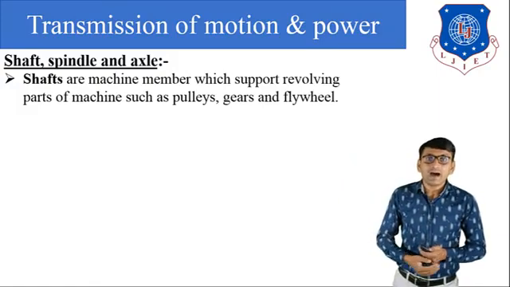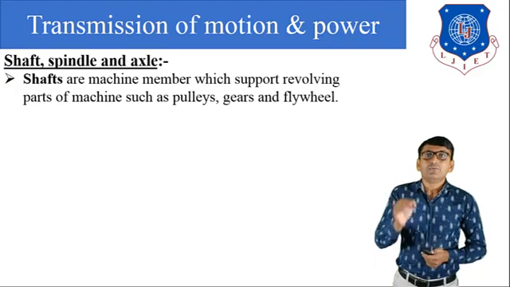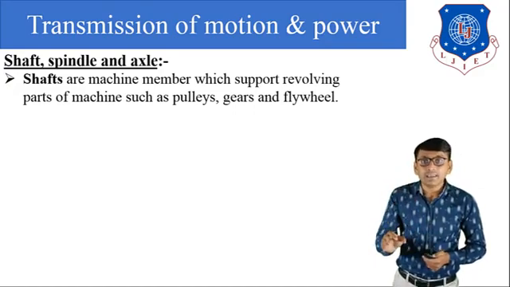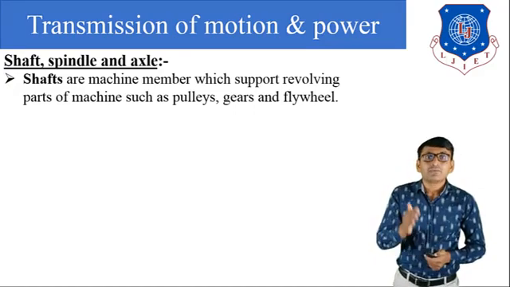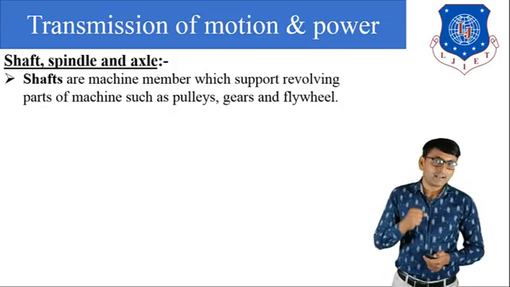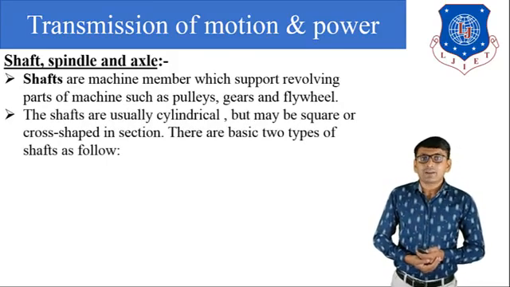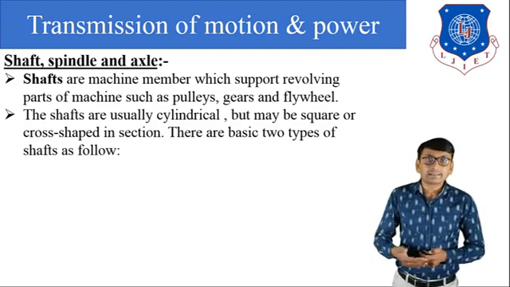Shafts are machine members which support revolving parts of a machine such as pulley, gear, flywheel, etc. Shafts are usually cylindrical in shape but may be square or cross shaped in section.